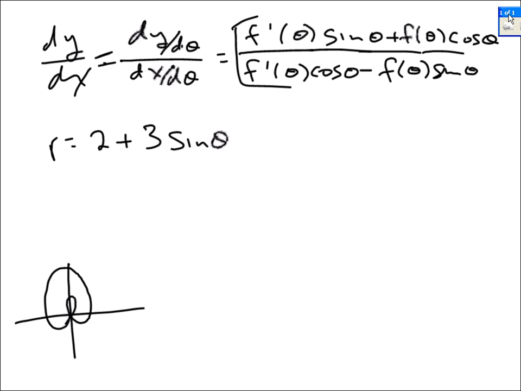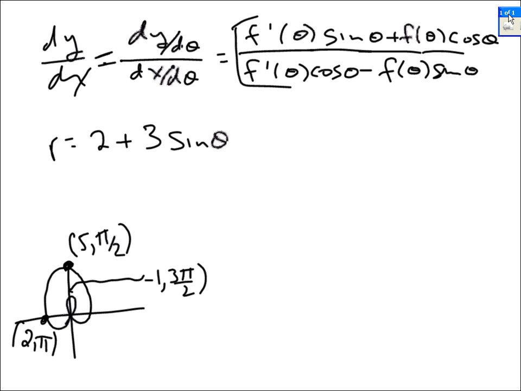They want us to find the derivative at a few points. They want us to find the derivative at the point (5, pi over 2), and also at 2 pi, and at this high point right there, which is (-1, 3 pi over 2).